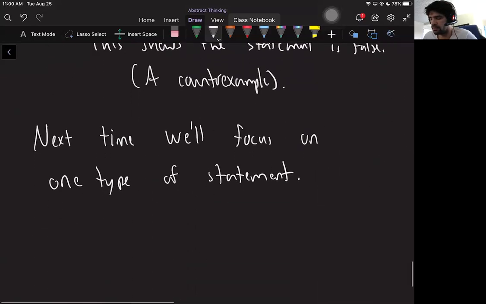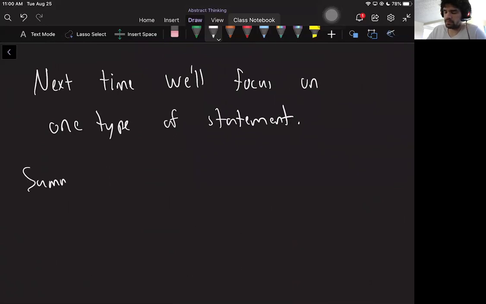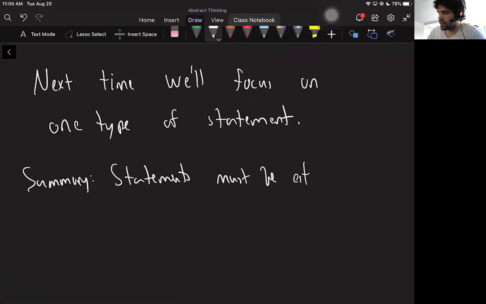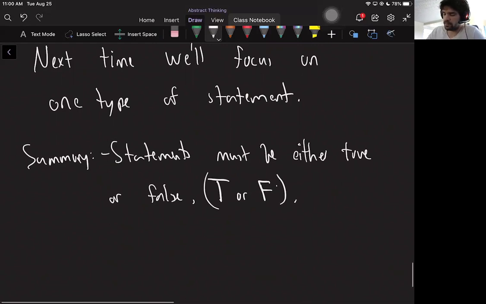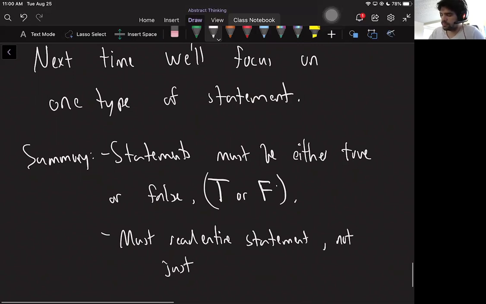And the main thing to summarize from today is that statements must be either true or false. And I'm often going to write T or F because I don't want to write the whole words every time. And you have to read the entire statement, not just the equation, to understand it.